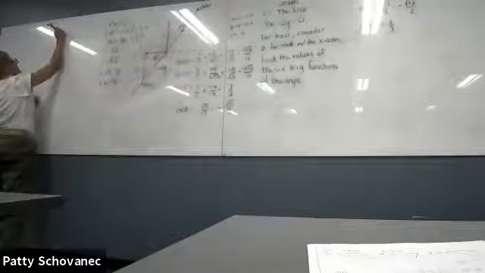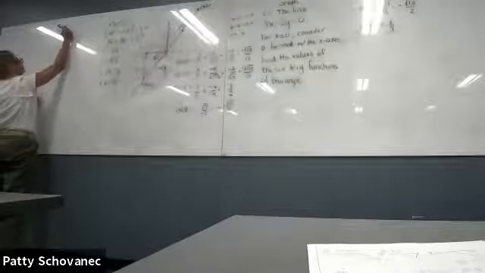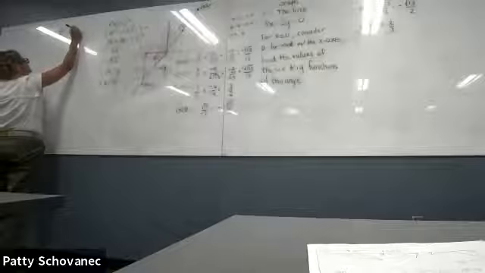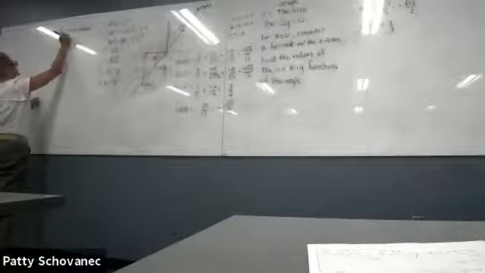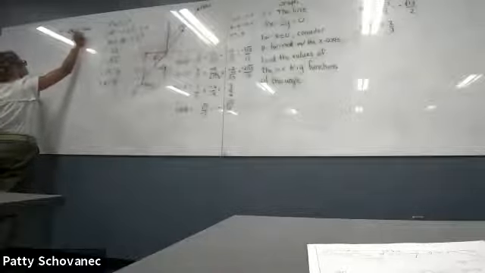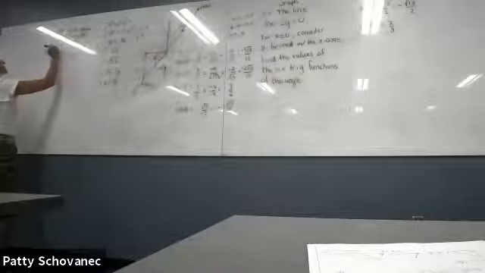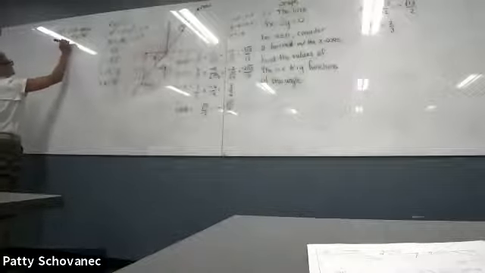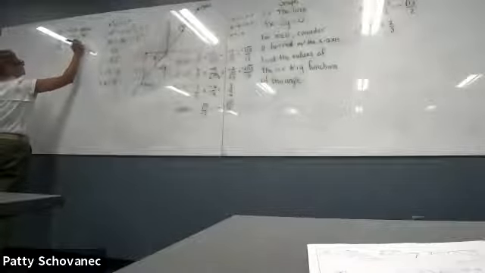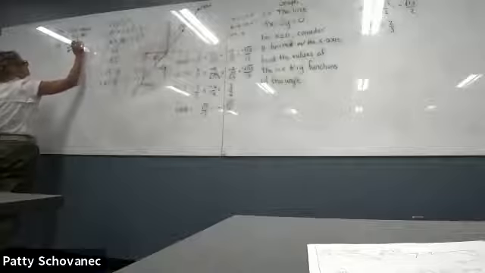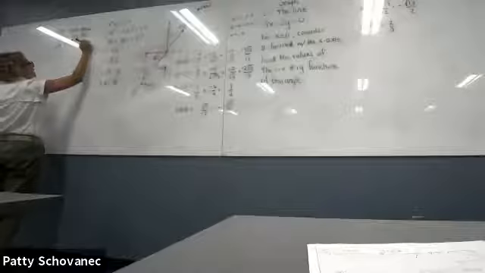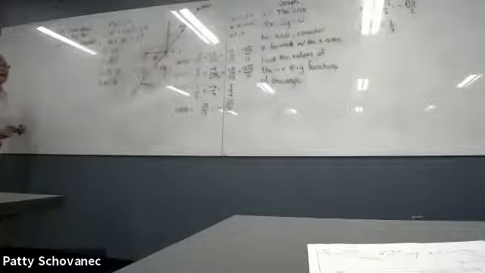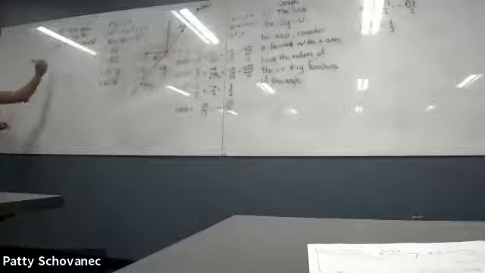So my next example, we're going to find the values of the 6 trig functions of the quadrantal angles. So angles that correspond to the lines that break up the 4 quadrants.